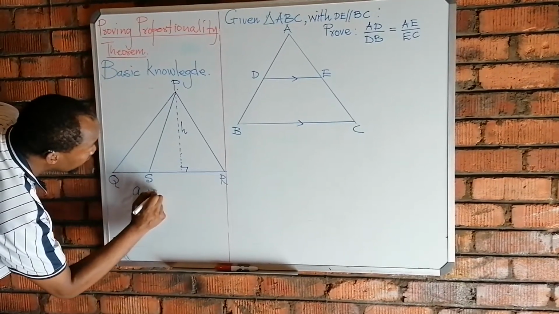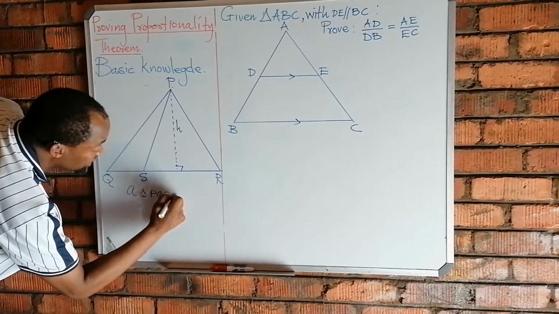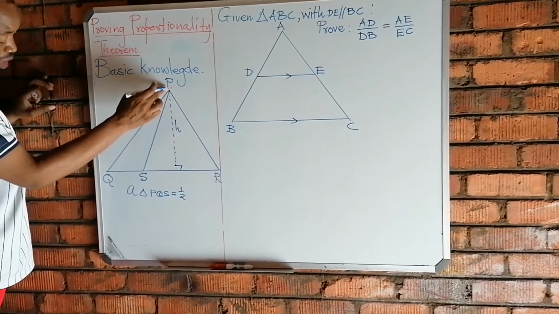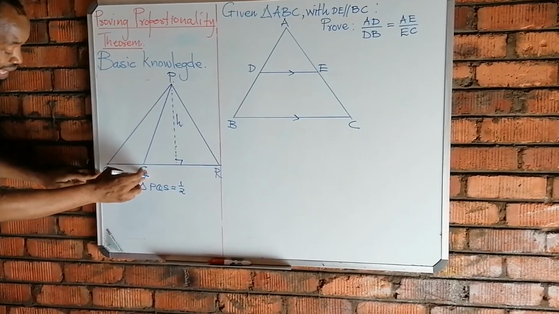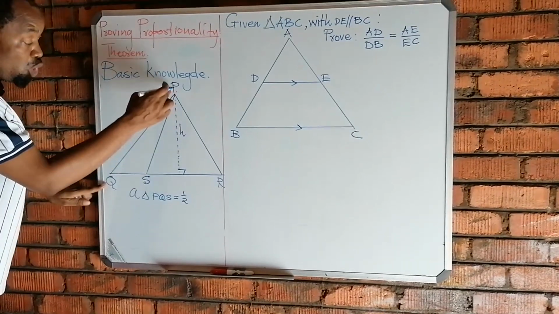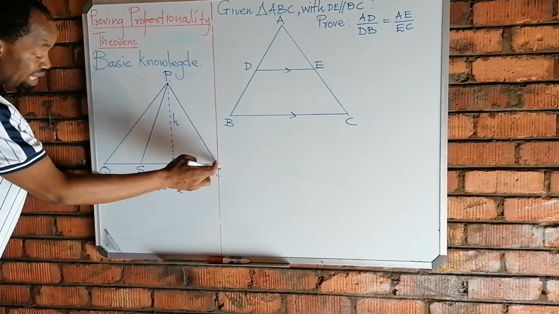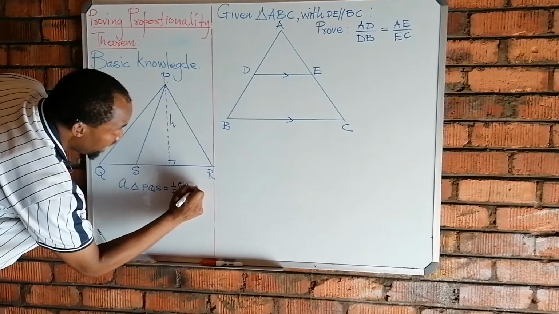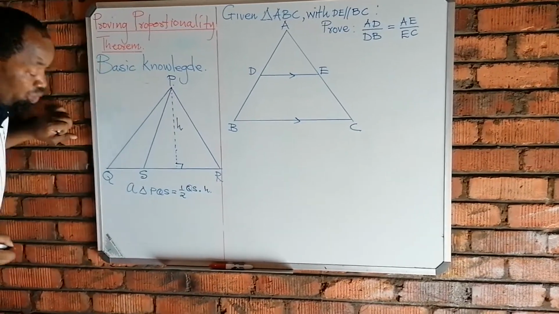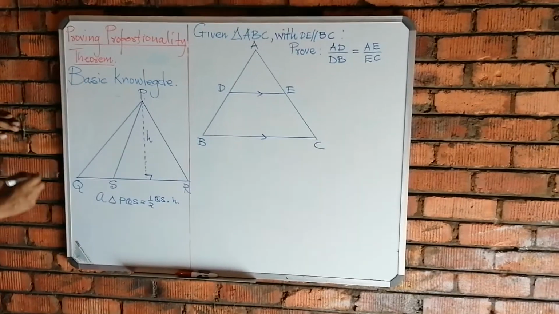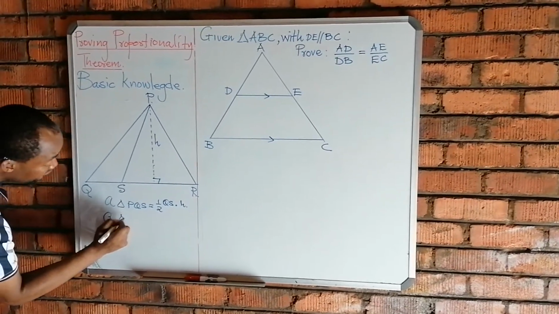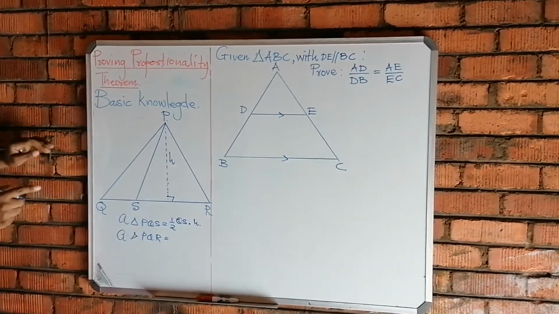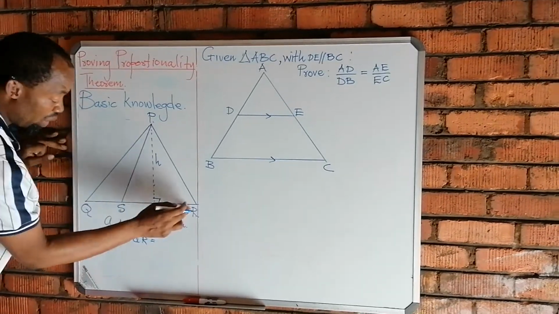Area of triangle PQS will be equals to half base. Area of triangle PQS, the base will be QS because the height is H and it is perpendicular to this line. The base is QS multiplied by the height, which is H. I'm taking area of triangle PQR, the bigger triangle now, PQR.